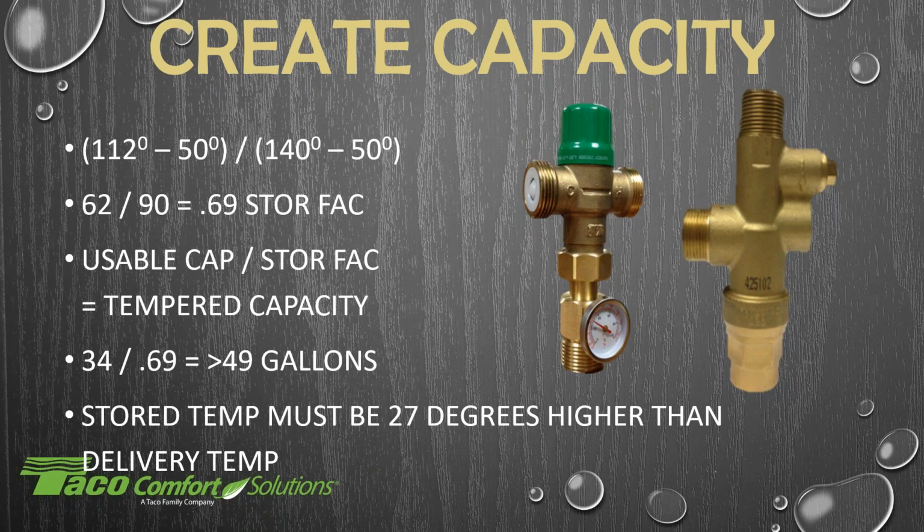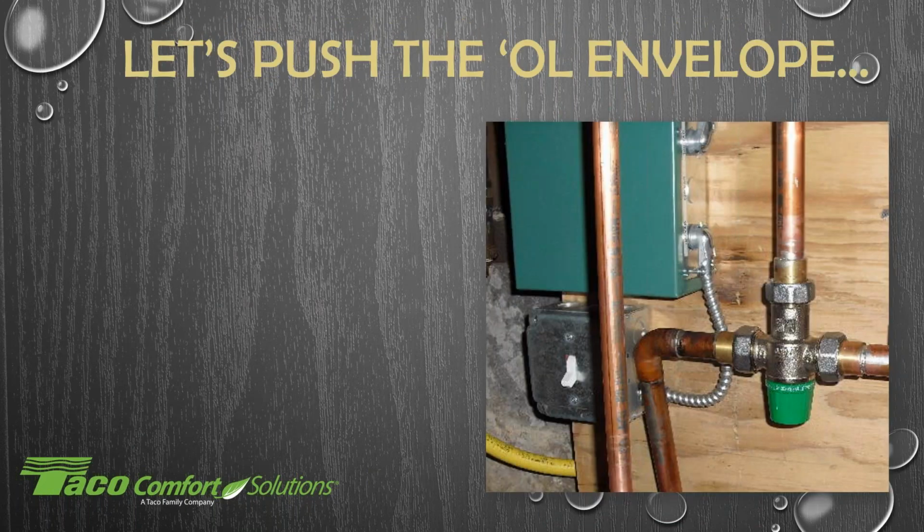As I was talking of that story before, because I wanted to remember this 27 degrees, what I did in my house, because I had my mixing valve in there, I increased the capacity and pushed, so to speak, the envelope. I have an indirect tank in my home, so I was able to raise the water temperature stored at my home. And what I did is I stored at 160 degrees.